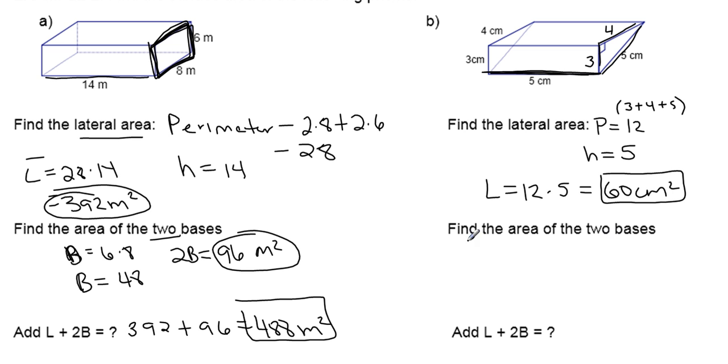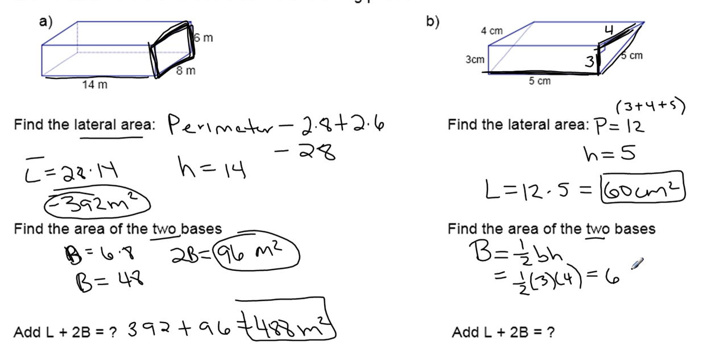Now to find the area of the two bases. The base is a triangle, and the area of a triangle is 1/2 the triangle's base times height. So 1/2 of 3 times 4. Because remember, the base and the height are perpendicular to each other in a triangle. So we get a total of 6 for the area of the base.